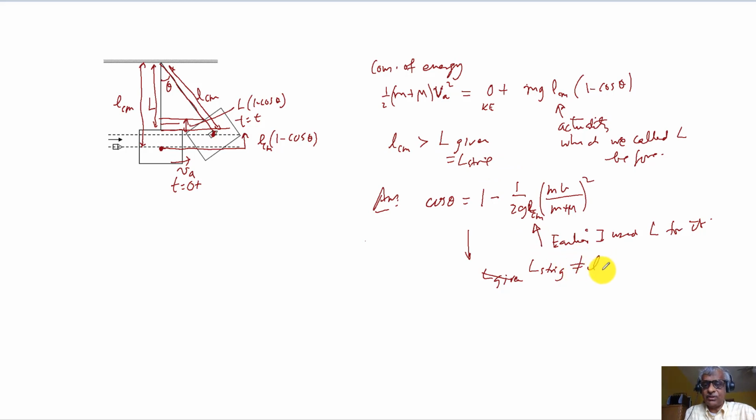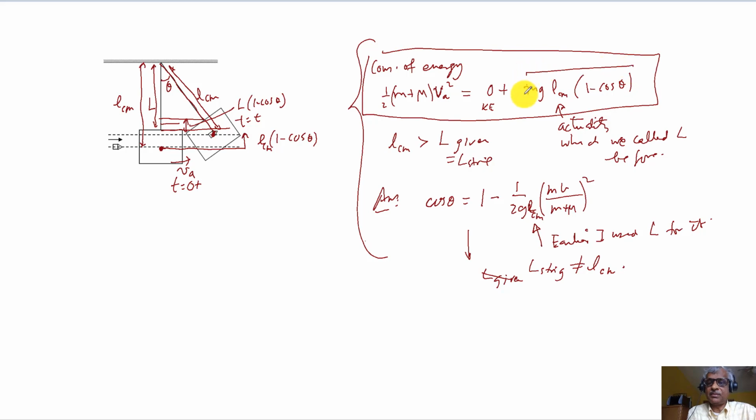L string is not equal to L_CM. So there's a little bit of mistake here. That's a very common thing that happens, but you should always be aware that whenever we write something like this, this is how much the center of mass has actually been lifted. It's not about whether the top of the string has been lifted or whatever. So you should stay on the physics side, and then you'll be able to recognize the assumptions you're making.